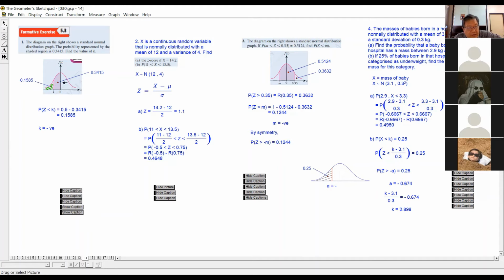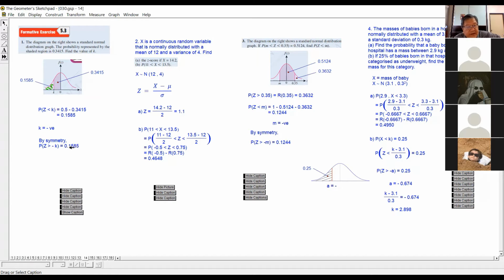But before I proceed, you must bear in mind that k is a negative number. So probability less than k is probability greater than negative k. So I look up this number from the table.